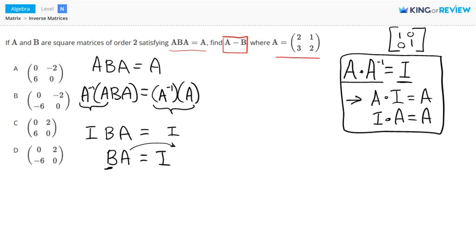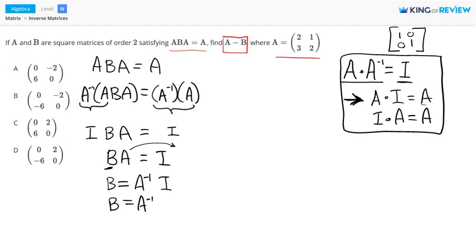And we could do that by taking A inverse. So B is equal to A inverse times I. And we know, again, if we have matrix A times I, we'll get matrix A. So we know that B is equal to A inverse.